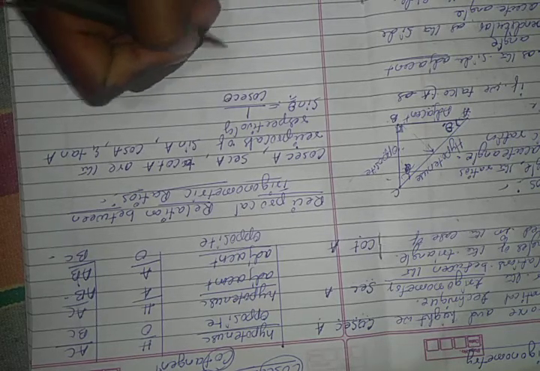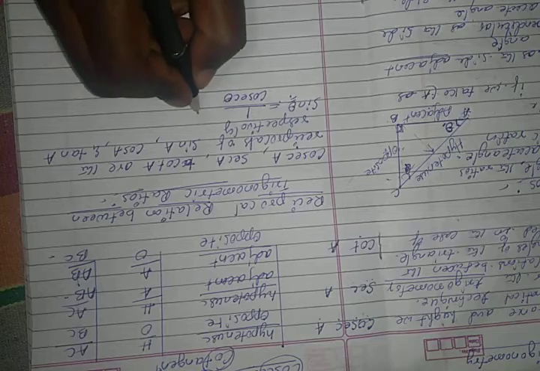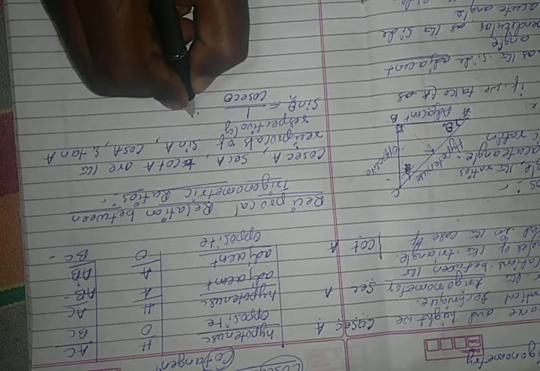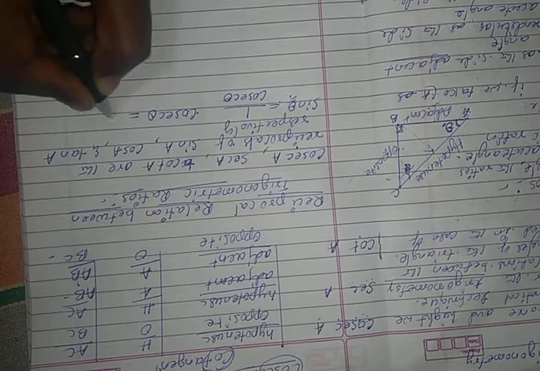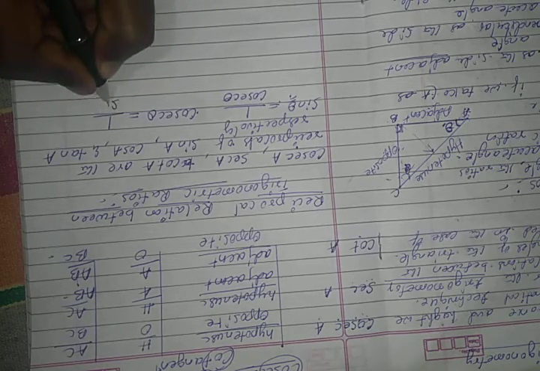And the second one is cosecant theta, the reciprocal of sin theta.